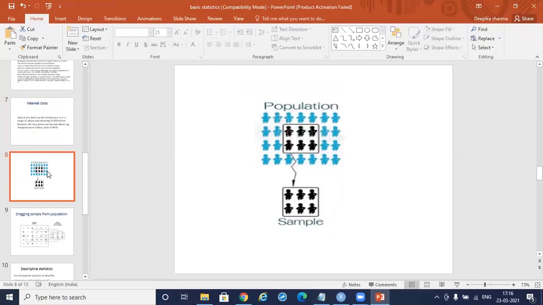Now let's understand certain more terms here. Population. What is a population? Population means a huge amount of data. Suppose here I'm having 5,000 data of students.